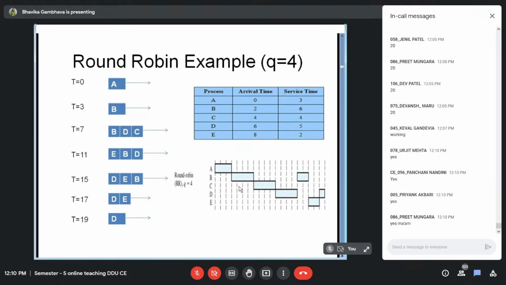Can I please interrupt again in the fifth one? Which process will be taking over in the fifth time slot? Okay. In the sixth one, okay.